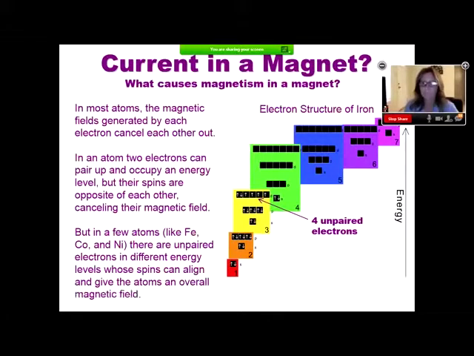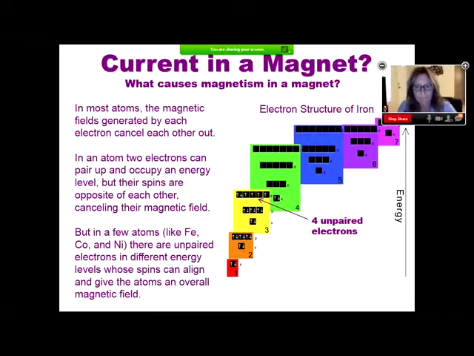So this is why iron is magnetic, but other atoms aren't, because essentially you have electrons out in a particular shell in that atom that are all pointing in the same direction. They're unpaired electrons, so they don't cancel each other's magnetic fields. Instead, their magnetic fields add to one another.